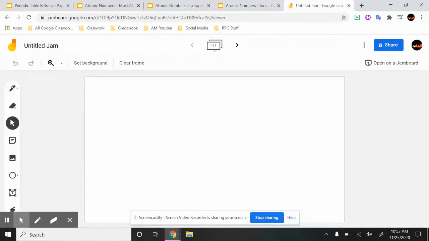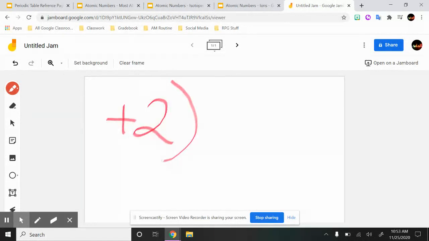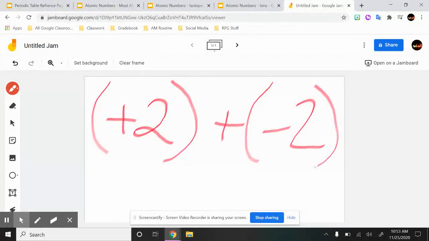Okay. So if we have positive and negative charges, they work kind of like how positive and negative numbers work. So if you have positive 2 plus negative 2, you're going to end up with 0. The 2 positive charges cancel out the 2 negative charges, and we end up with 0.